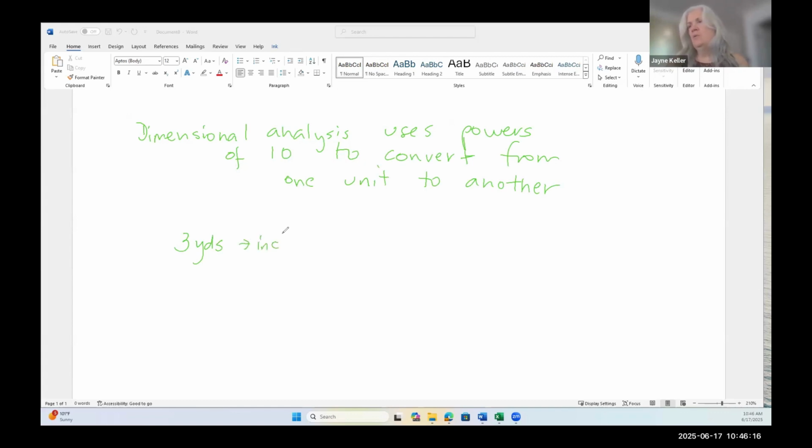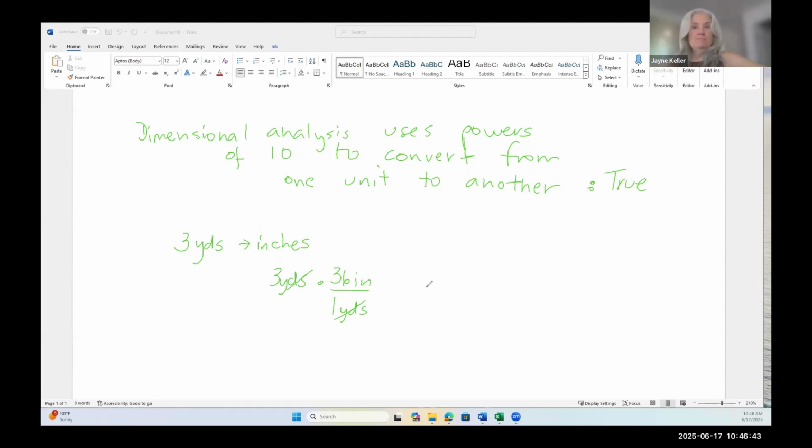Or maybe I did it the other way around. I don't remember what I did, but if I'm converting 3 yards to inches, I'm going to use that unit multiplier with yards in the denominator and inches in the numerator, right? And I don't see any powers of 10 in there. So I would say that is not true.